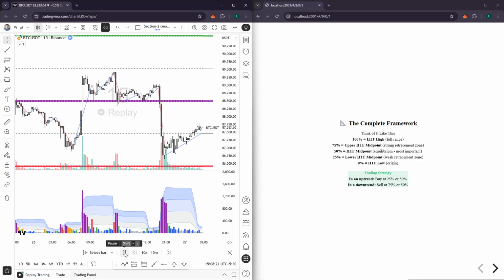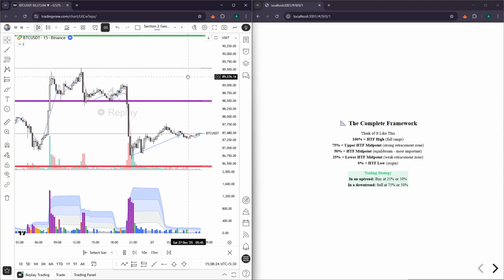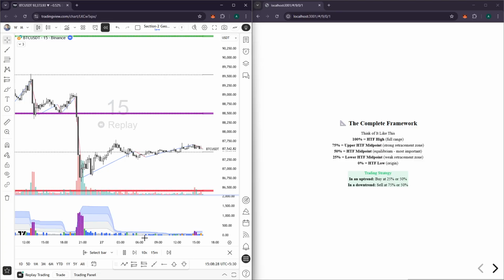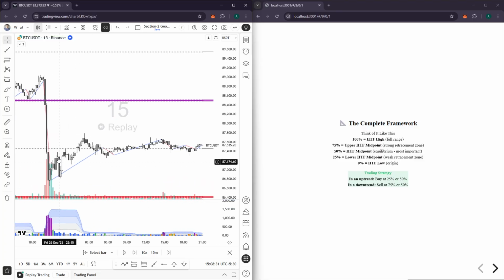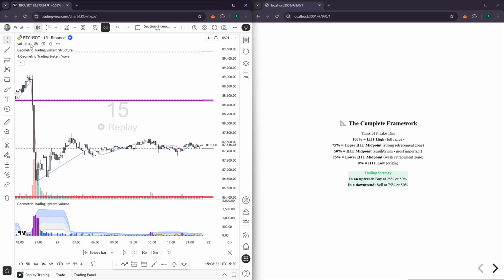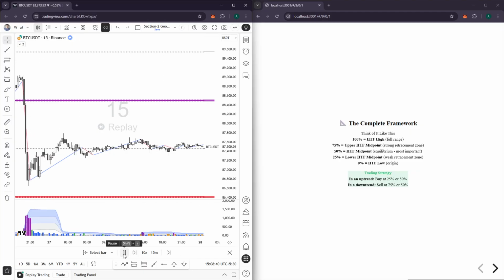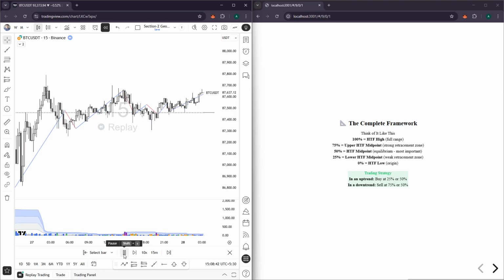You see? So this is what I wanted to show you guys. I'll just disable this. So yeah, I'll just let it run and let you observe for a moment, okay?